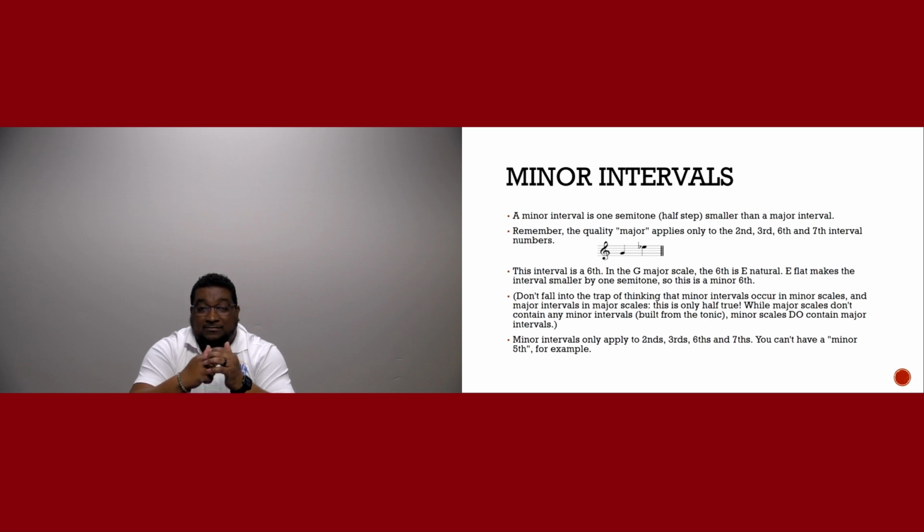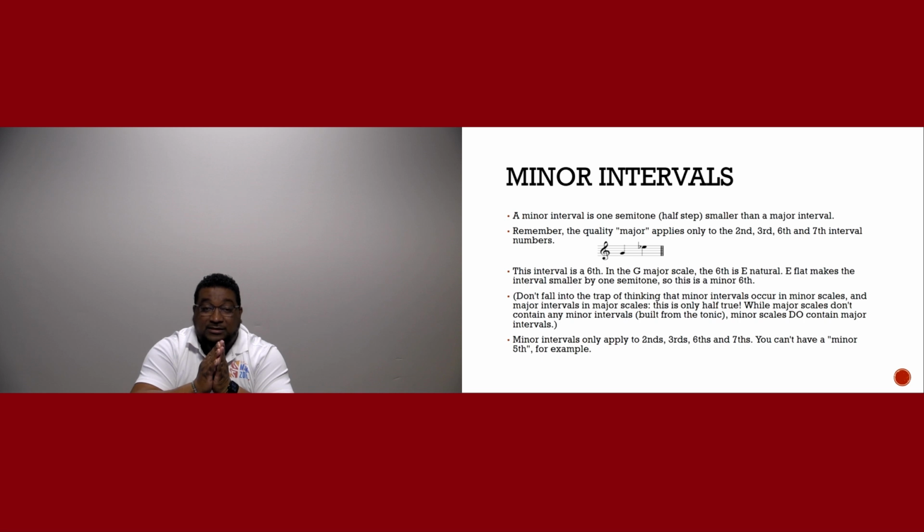This is only half true. While major scales don't contain minor intervals built from the tonic, minor scales do contain major intervals. Minor intervals only apply to seconds, thirds, sixths, and sevenths, right?